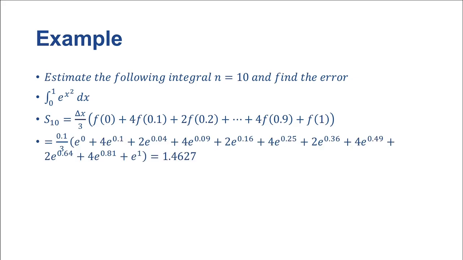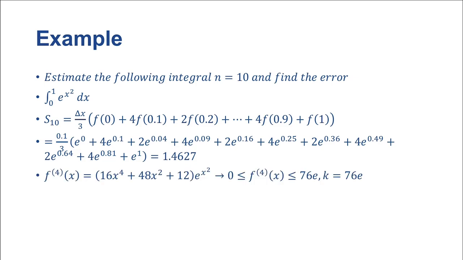We get 0.1 over 3 times e to the 0 plus 4e to the 0.01 plus 2e to the 0.04 plus 4e to the 0.09 plus 2e to the 0.16 plus 4e to the 0.25 plus 2e to the 0.36 plus 4e to the 0.49 plus 2e to the 0.64 plus 4e to the 0.81 plus e to the 1, which is equal to 1.4627.